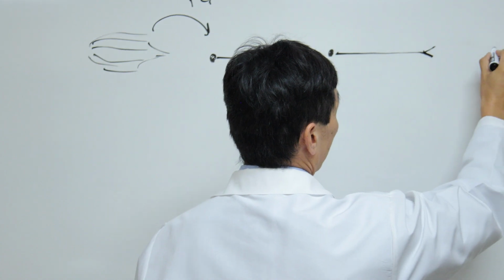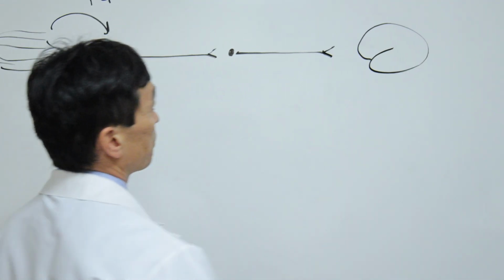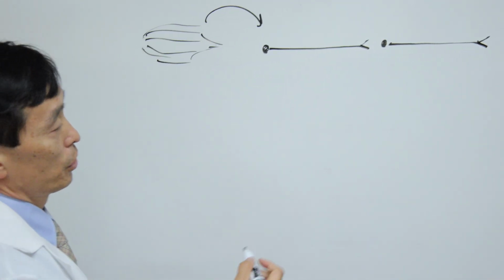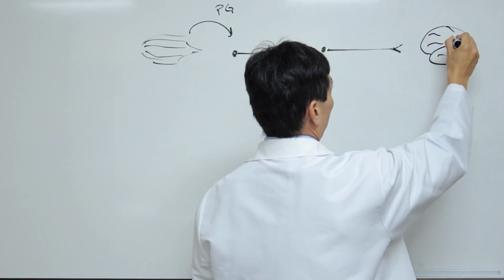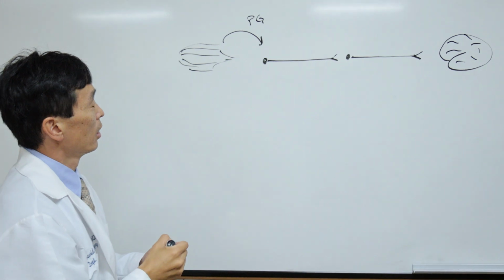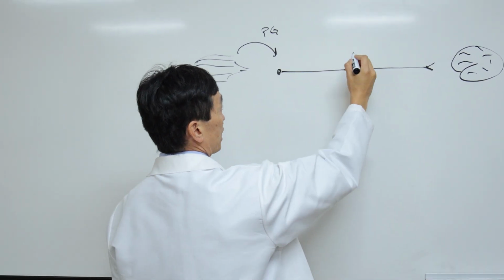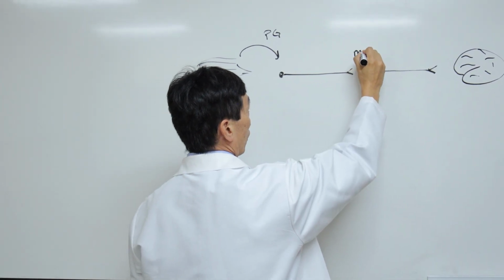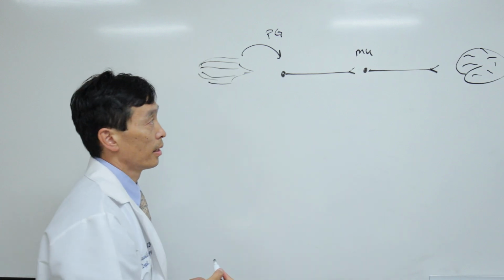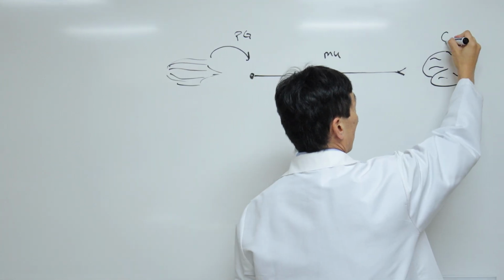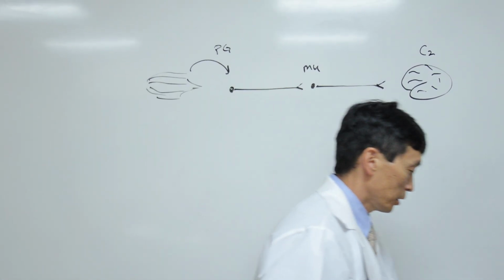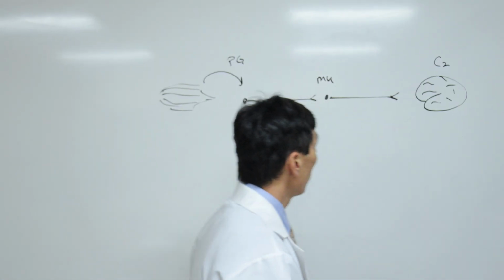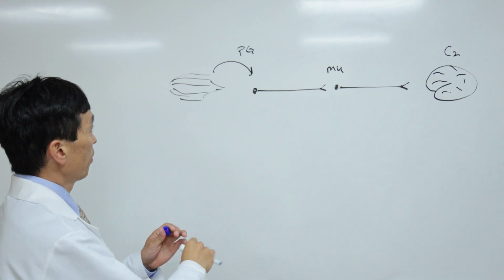And ultimately, that reaches your brain, and your brain then interprets this as pain. This connection here is called a mu receptor. The receptors in your brain are called the C2 receptors. Different medications will affect different pathways.